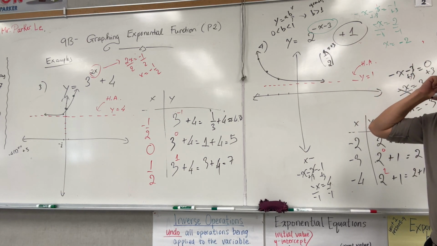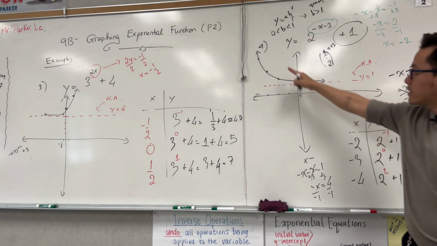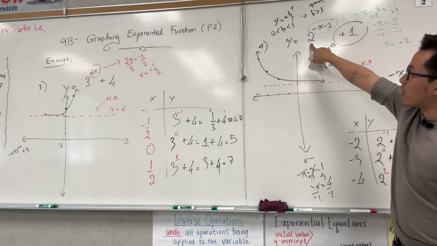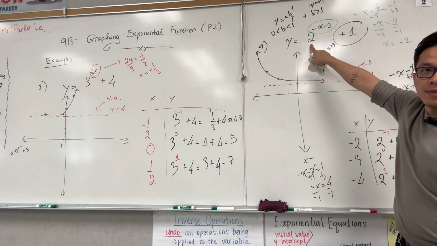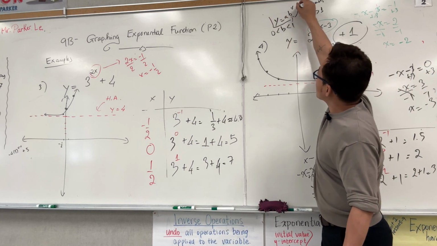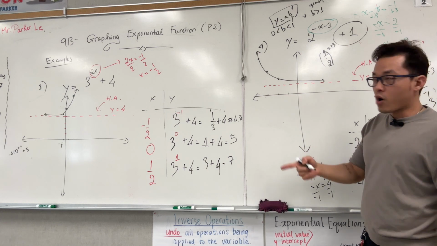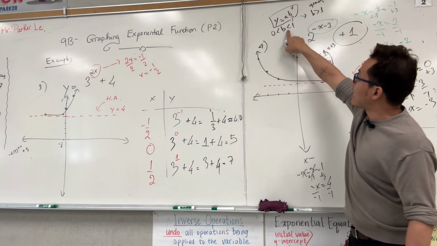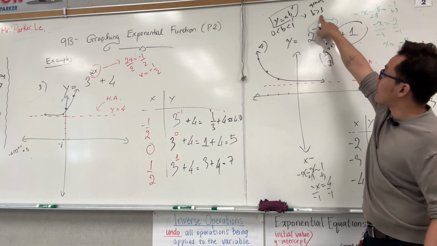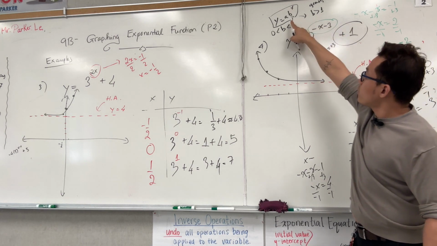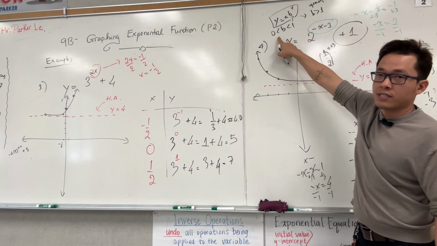Make sense? So that's why I just explained to you why this is a decay. Remember the exponential function is this, right? How do we know when it's growth? How do we know it's decay? Growth is when the b here is larger than 1. And decay is when this number here is less than 1, larger than 0.